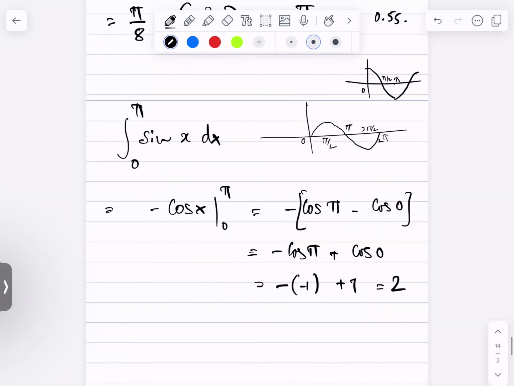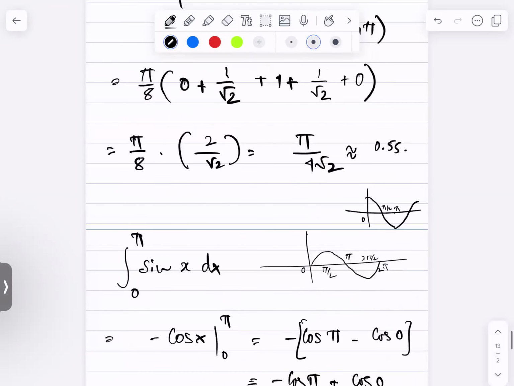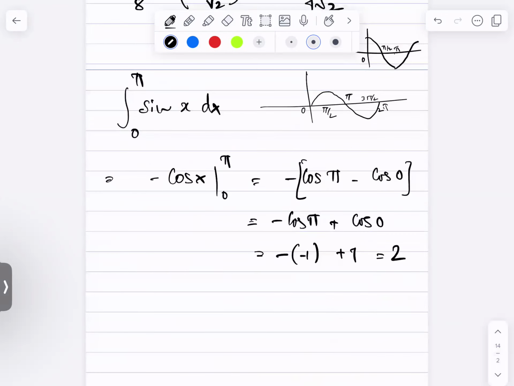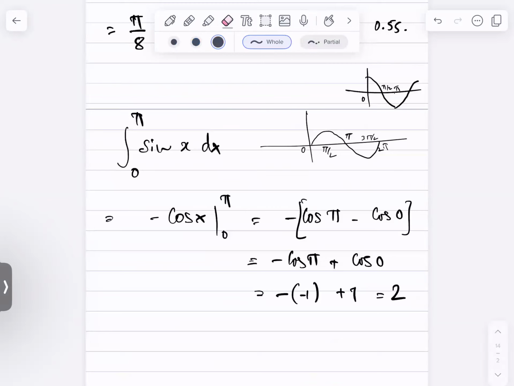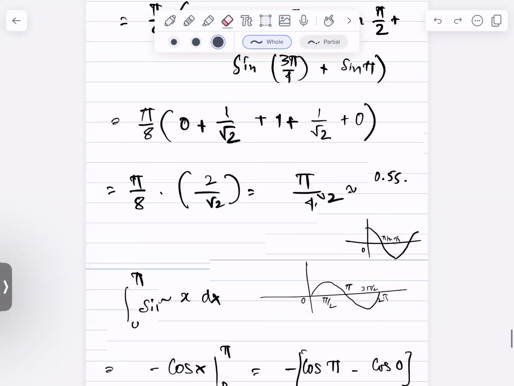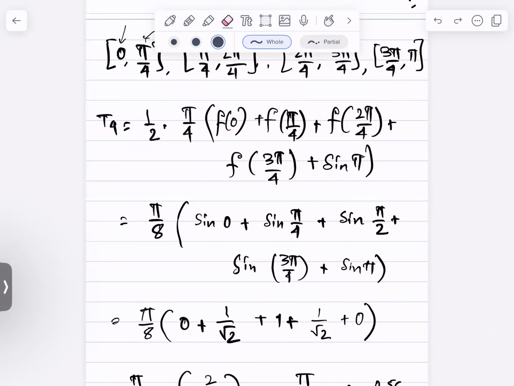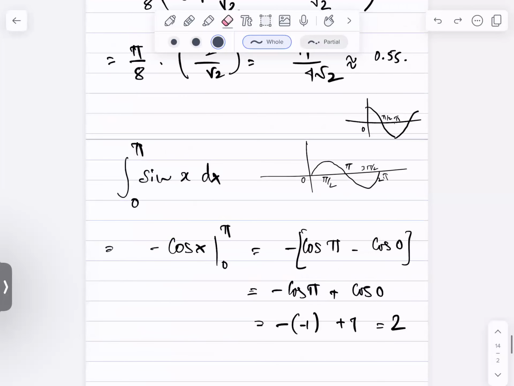So we can see that, at least for this example, the trapezoidal rule is not approximating quite well. But when you increase this n from 4 to, say, 1 million using some coding or software, then you'll see that the difference between the approximate value and the exact value will be very small. That means the error should be quite small. Okay, cool.